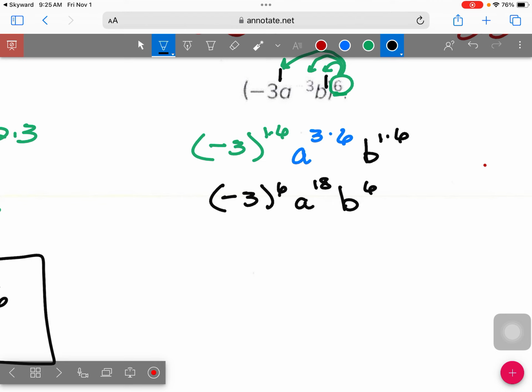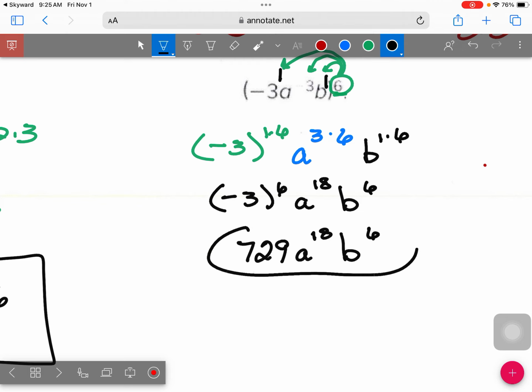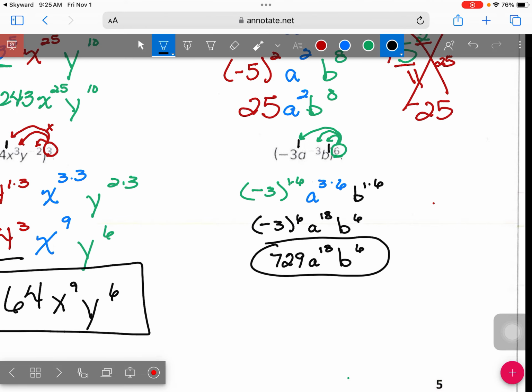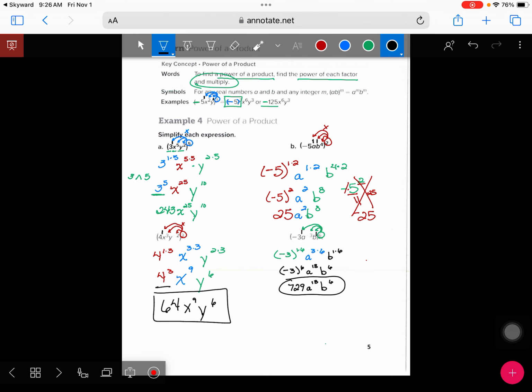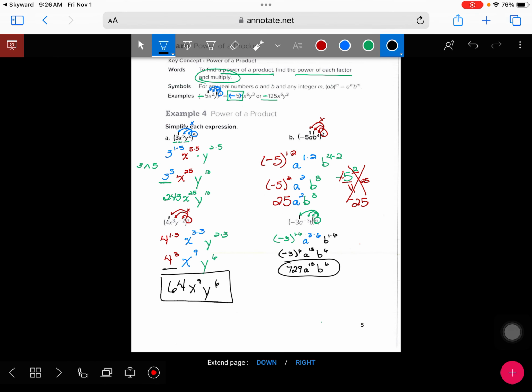Yes, it should be positive. 729, a to the 18th, b to the 6th. Did anybody get a negative 729? Good. Then you must have put parentheses around it or you did another little thing. Okay? Any questions about power of a product or power of a power?